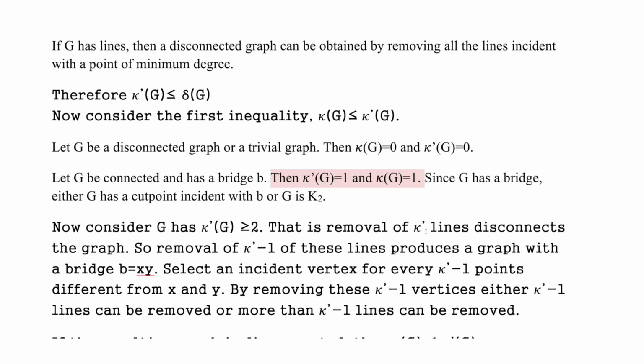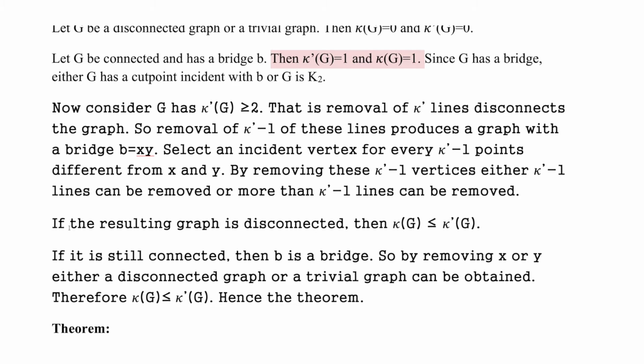If you remove that edge, the graph will become disconnected. Therefore, kappa dashed of G is equal to 1, and the connectivity is also equal to 1, because if G has a bridge, then G has a cut point also, which means connectivity and edge connectivity both equal 1. Here the inequality is verified.